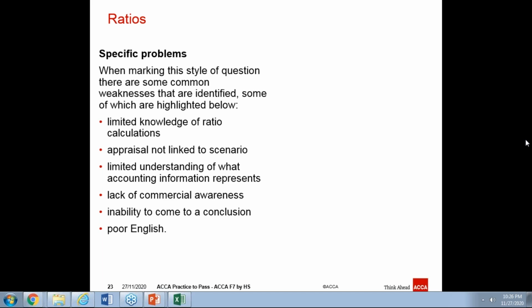I usually hear from the students that they are confused about the ratios, how to write the answer, what to do with the ratios. We will do that right now. We will do 2 questions, and if you attempt these 2 questions carefully and in the way that I'm telling you, then you will definitely get a good command of the ratios topic. So you have to be very attentive while we are discussing the topic.